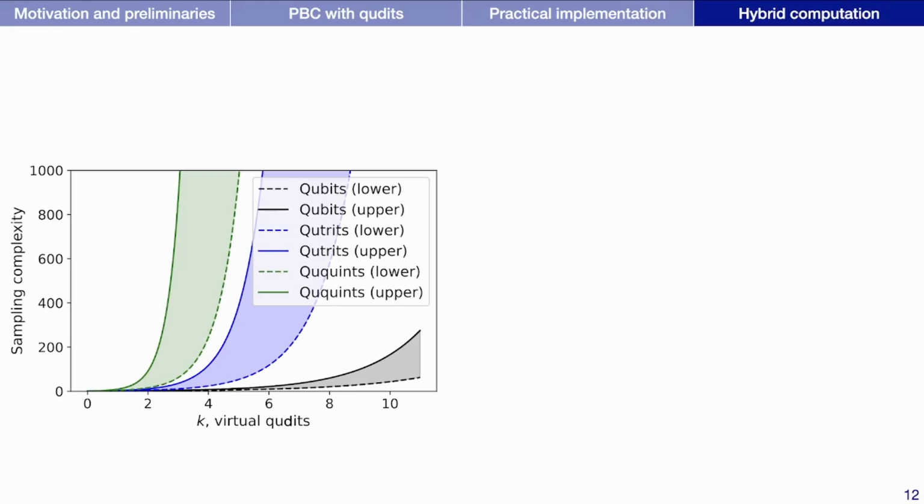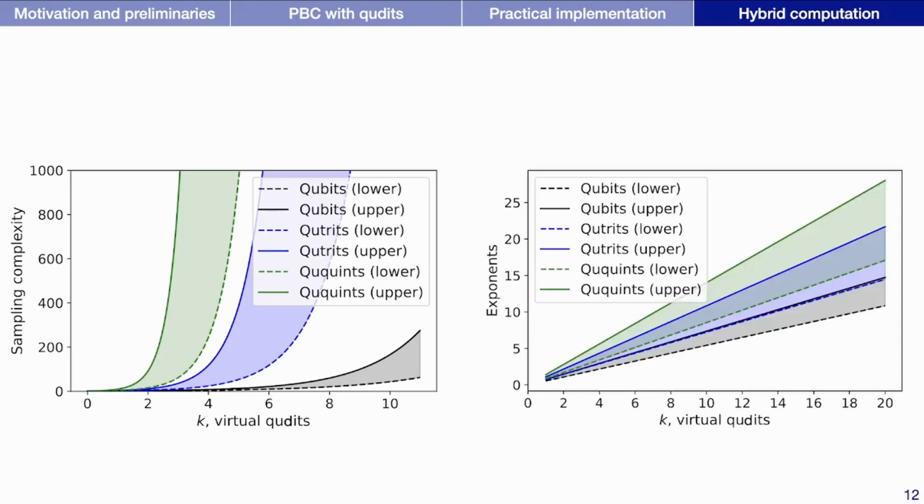And as I explained before, if the exponents were the same, then we would say, of course, there is an increased hardness of simulating these k qubits classically, but this hardness comes only from the increase of p. But what we see is actually the exponents themselves also seem to increase as we increase p. So there seems to be an additional effect of hardness associated with this hybrid simulation as we increase the dimension of the qubits, and this is quite interesting.